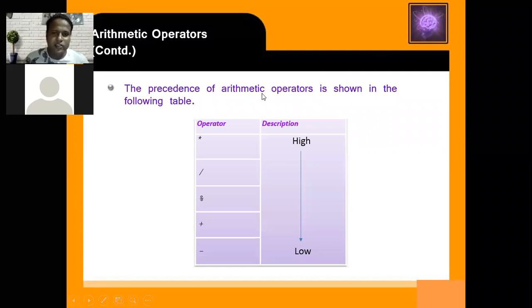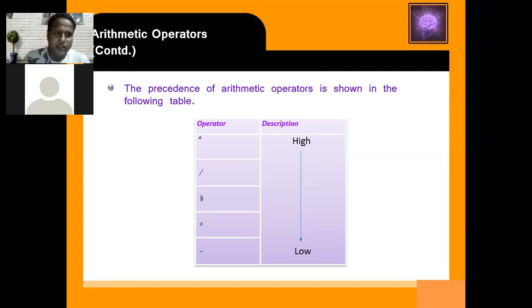So it is called the precedence of operators, which means the priority level. When you have all the operators in one place, you give priority to which operator first.